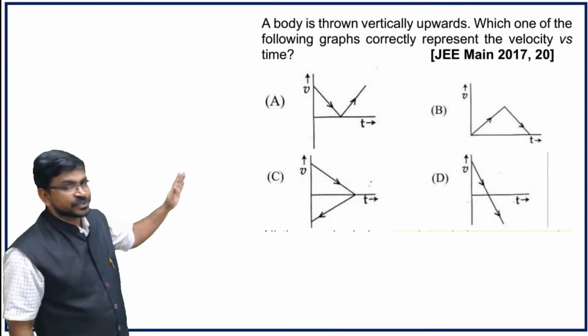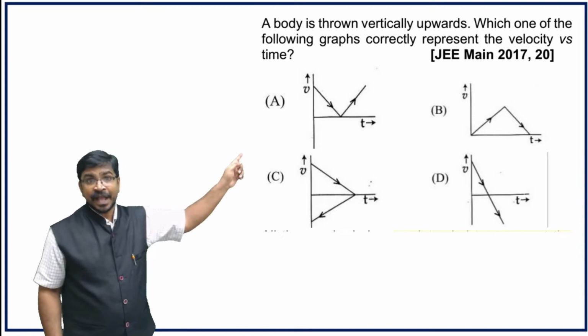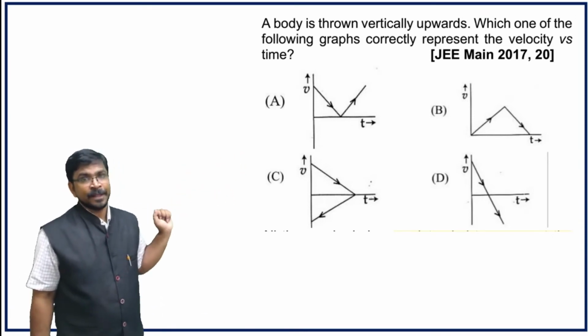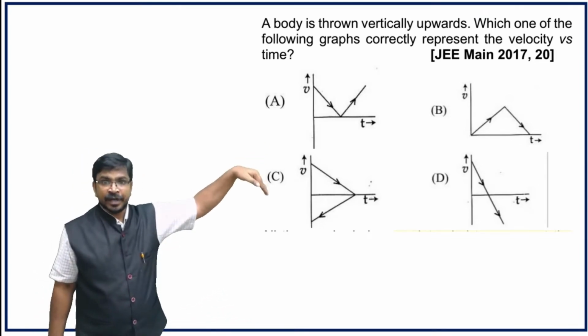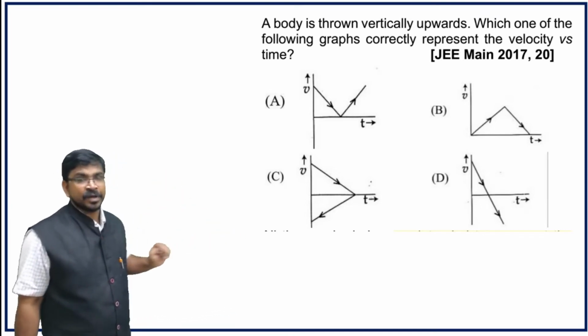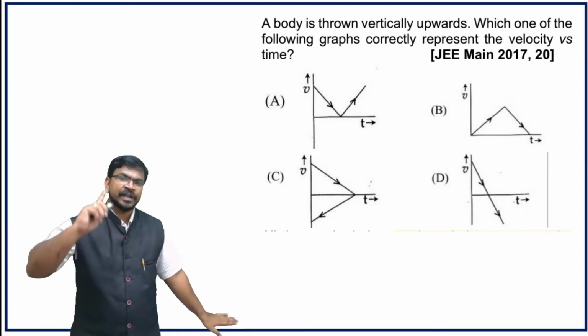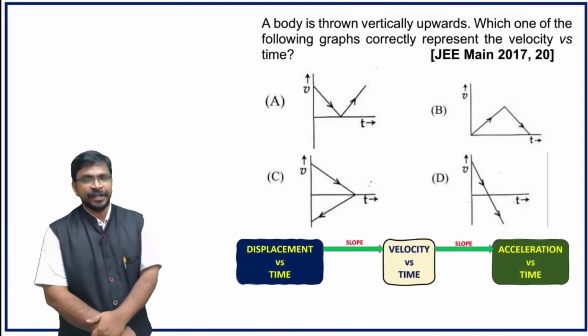In option A, the slope of the velocity is changing, but acceleration is constant here, so the first option is wrong. In the second option the slope is initially positive, later negative. And here initially negative, later positive. And the fourth one is the only option with constant slope, that too negative, that is option D.